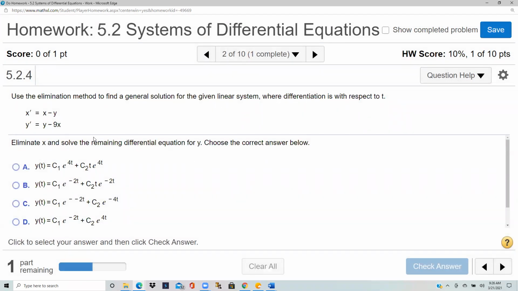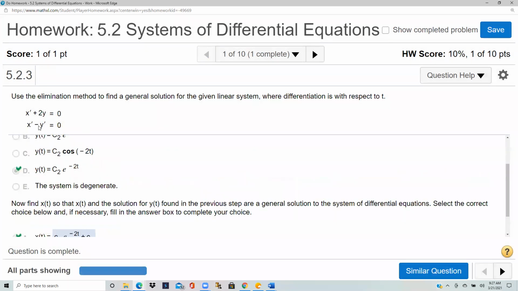Now, here it looks very similar to problem 1, but there is a major difference, because remember, in problem 1, you just found x prime is equal to y prime, and when you substituted it here, the x's got eliminated and you just got an equation in terms of y's.